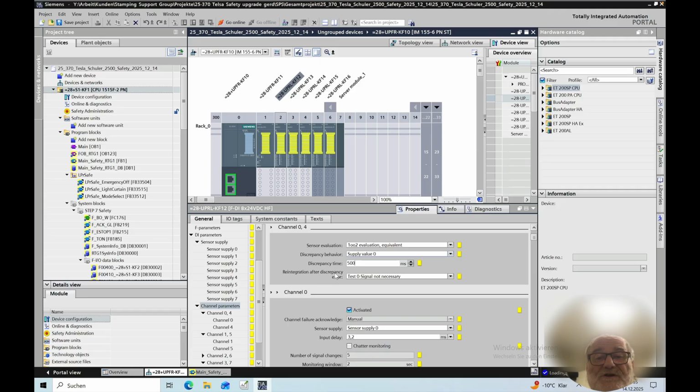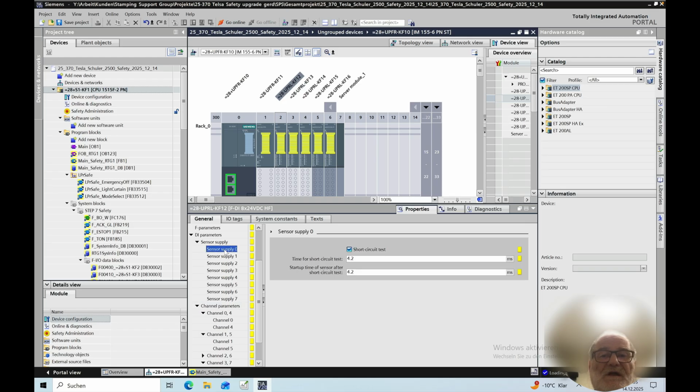For the reintegration after discrepancy error, you can select whether you need to have a 0 signal or a 0 signal is not necessary. I usually go with a 0 signal being necessary. That means you have to push the E-stop in order for both inputs to be 0, and this way you can actually reset them.